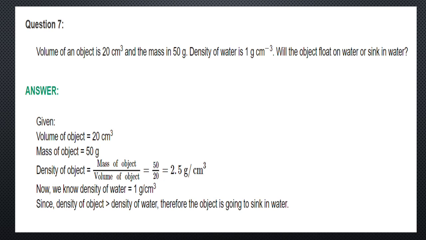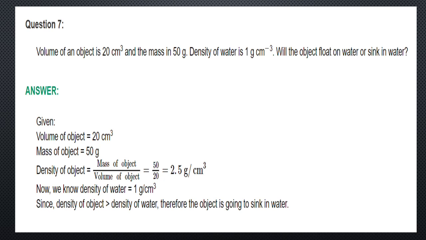Now what is the mass given over here? It is 50. Upon, the volume of the object given here is 20. So 50 upon 20, zeros will get cut, and you have to just divide 5 by 2, and the answer will become 2.5 gram per cm cube. Now what is the density of water? The density of water is given to you, that is 1 gram per cm cube.